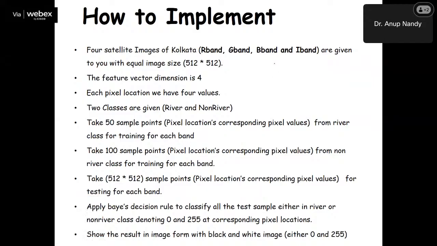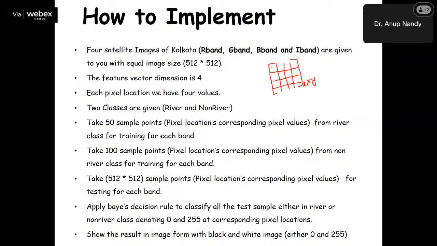Suppose this is your image, and these are intensity values. This is x comma y. Now what should be the locations?